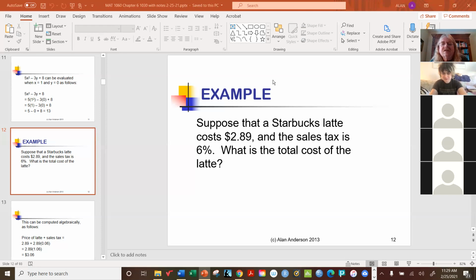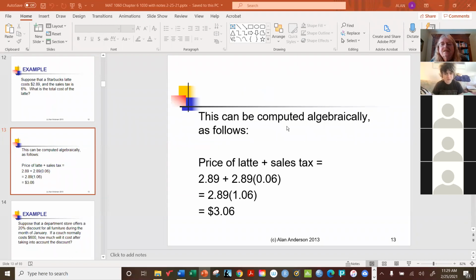No, I don't know anything about bottles either, but all right. Anyway, so here's one way you can figure out what you would pay for your Starbucks latte, and it's not the only way. What you can do is break it up into two components. The sales tax would be 6% of 2.89, or 0.06 times 2.89.